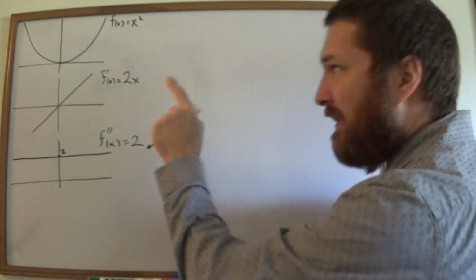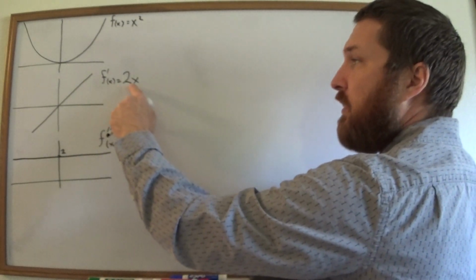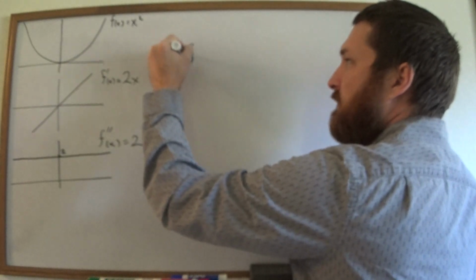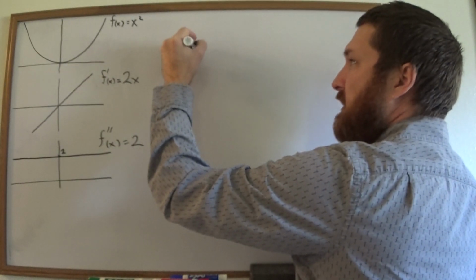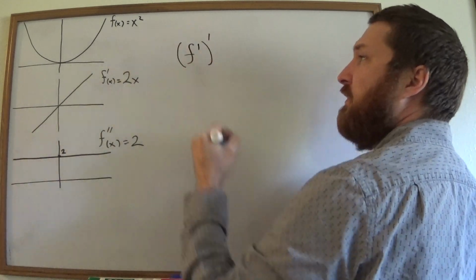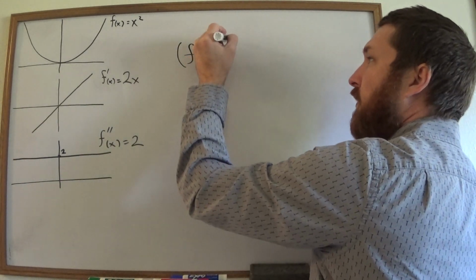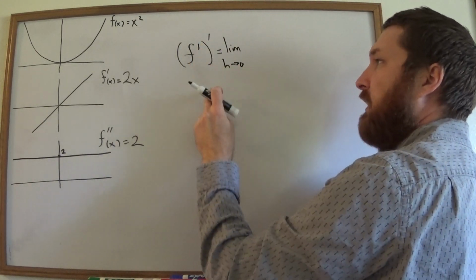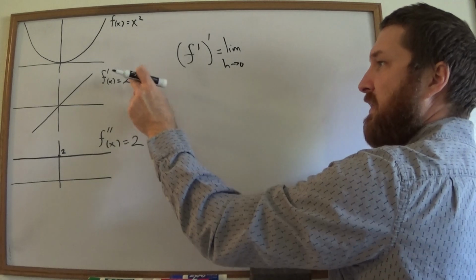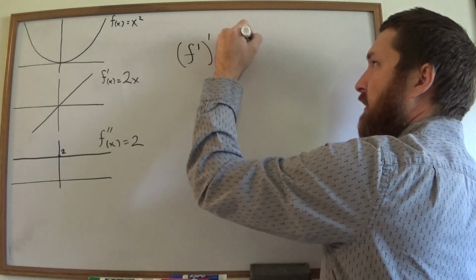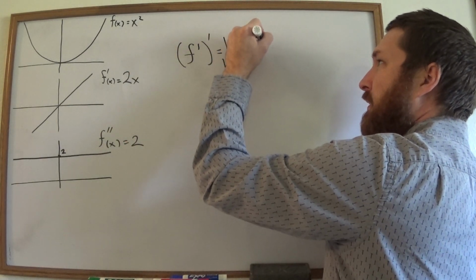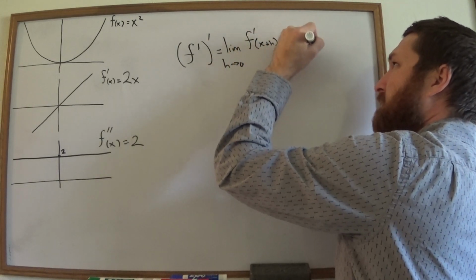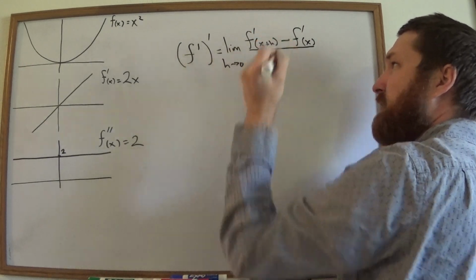Now let's do that analytically here, okay? So we have some function and we want to find its derivative. And so to take the derivative of the derivative, we're going to take the limit as h drops to 0 of that function, f prime of x plus h minus f prime of x, all over h.